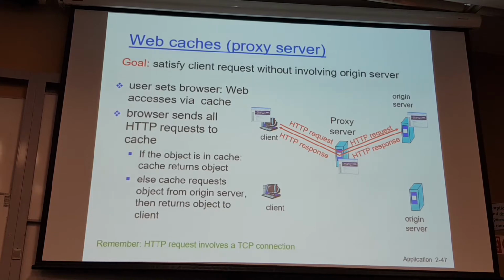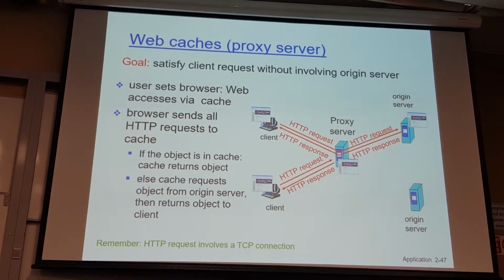If, for instance, this client wants to retrieve the latest news, let's say the New Zealand Herald, and it has received that request, this proxy server will store that information. If another client wants that same object, the web proxy server is going to check: do I have that object already? If yes, it's going to immediately send that object without going back to the origin server.